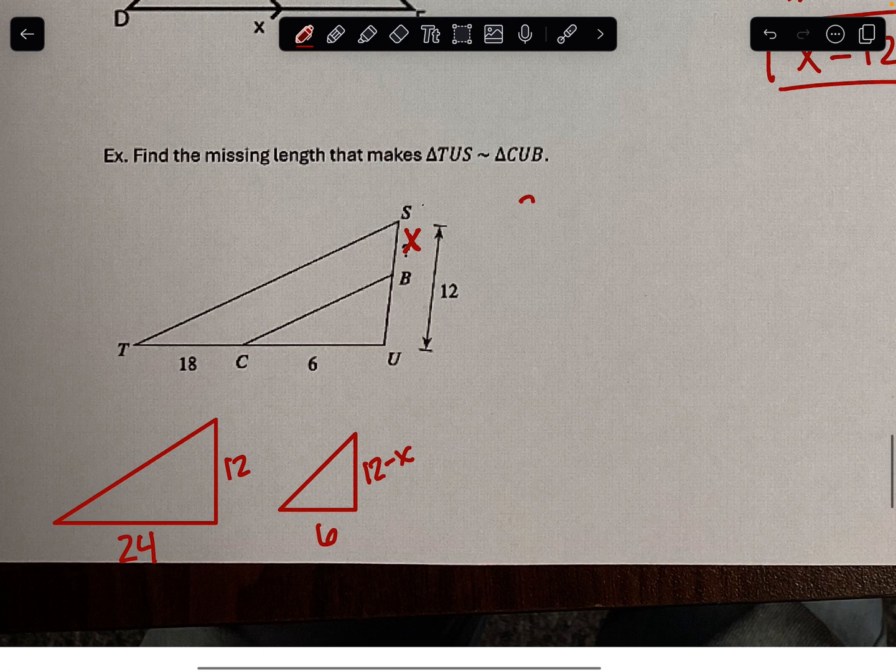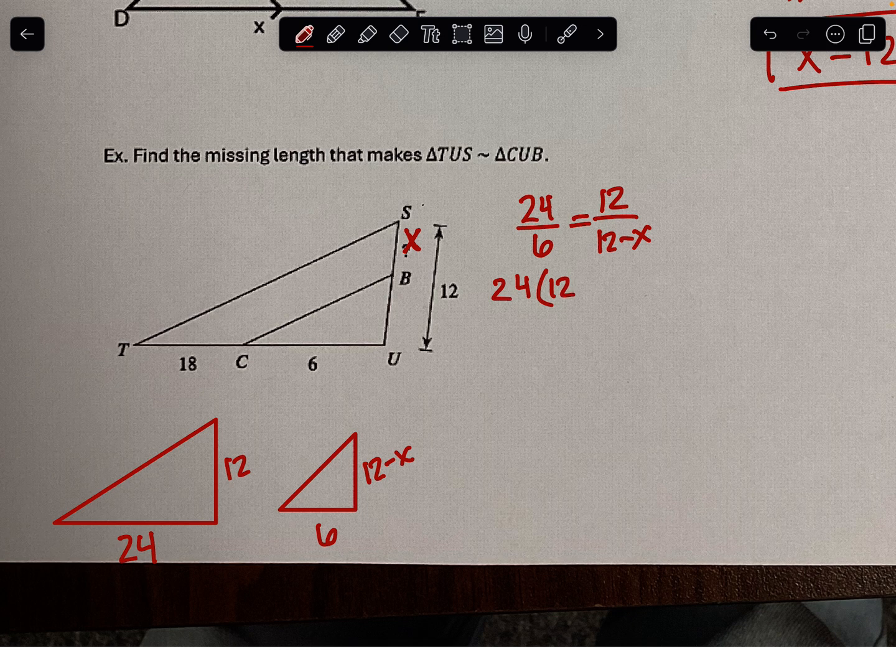Somebody set those up for me. 24 over 6 equals 12 over 12 minus x. Okay. So we get 24 times 12 minus x is equal to 72. What do I get when I distribute 24?